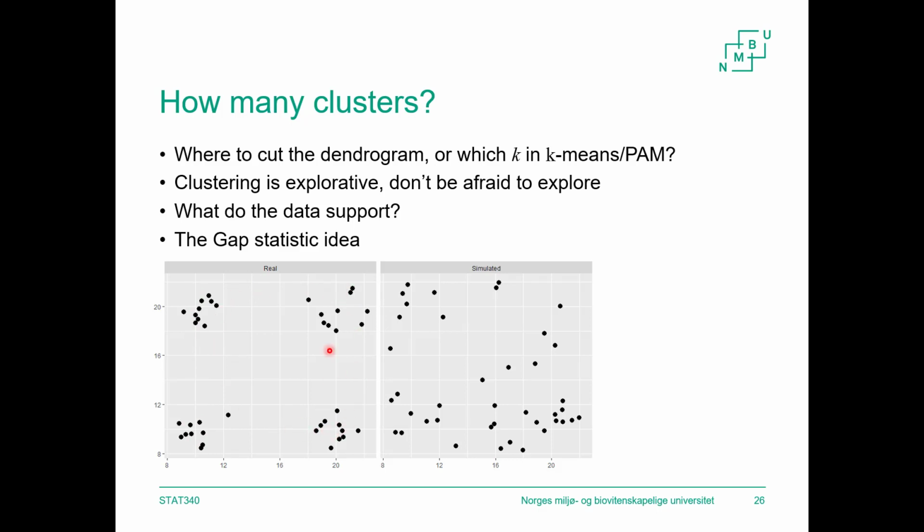But we will use this now, because here we know what the outcome should be. What I have on the right hand side here is what is said to be simulated. When we are going to look for grouping in our data, we have to compare it to something which is not grouped. And this is actually a random sample of data in the same sort of region.